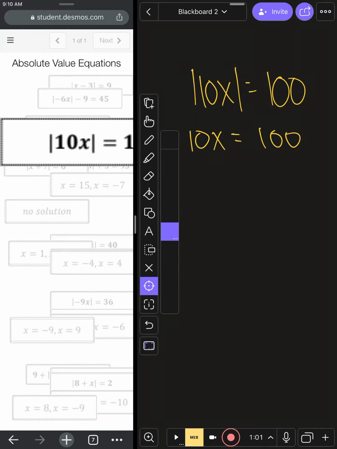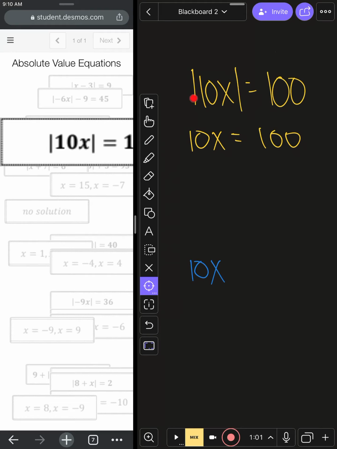Okay, so all I did is I dropped these. I wrote my 10x equals this. But on these absolute value equations, you have to solve two equations. So you got to set up a second equation. And that second equation is going to be, again, 10x.